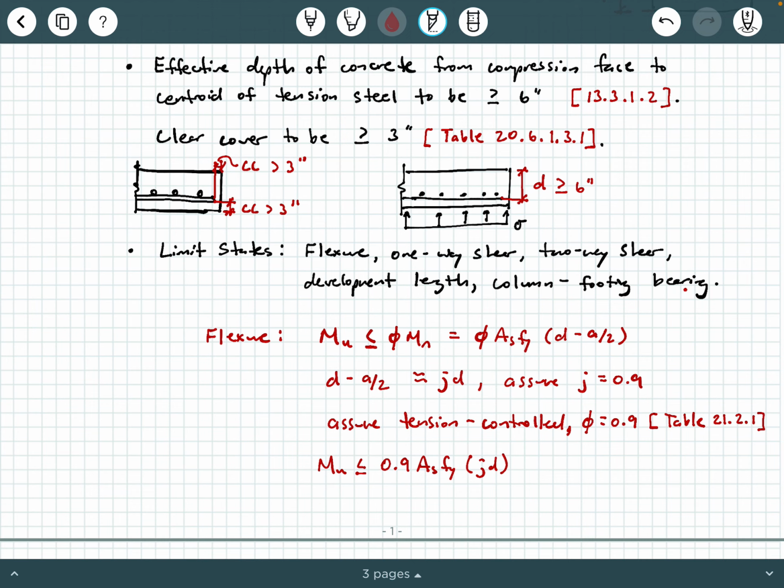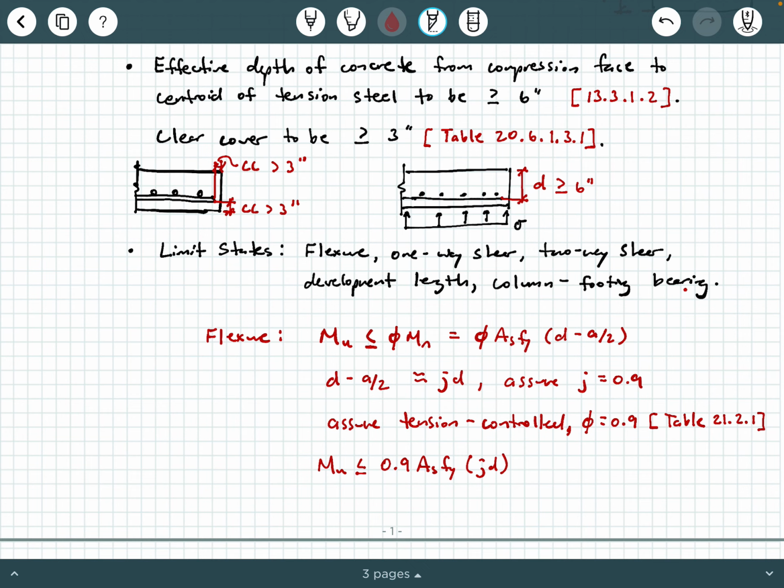But we like to say d minus a over 2 is approximately equal to jd, okay? Now, what is d? Well, d is that same depth we talked about earlier, the depth from the compression face to the centroid of the steel. And we're going to assume j is 0.9, okay? You can also assume it's 0.85, 0.95, but generally I just assume it's 0.9.